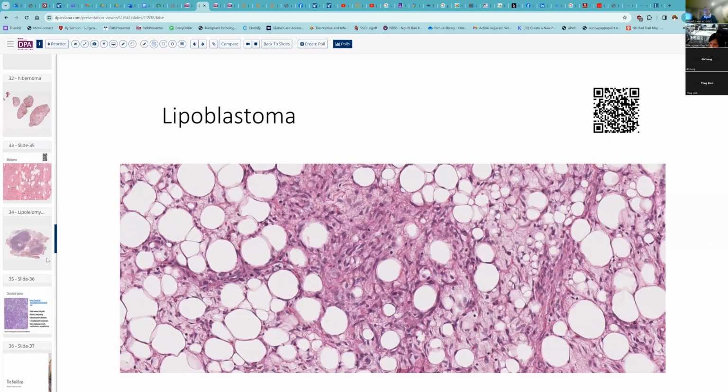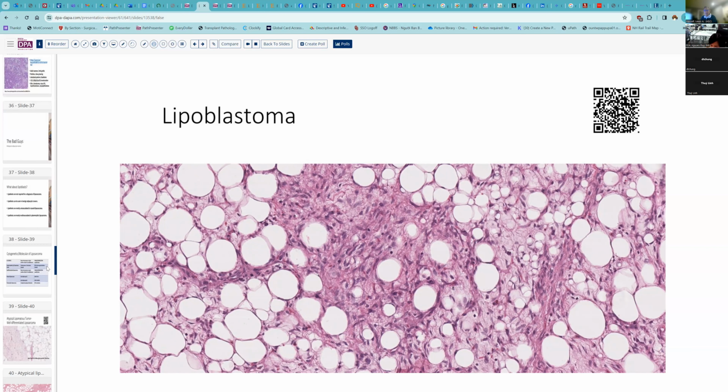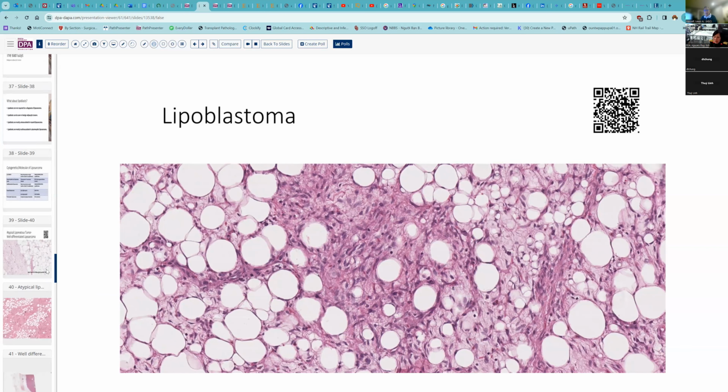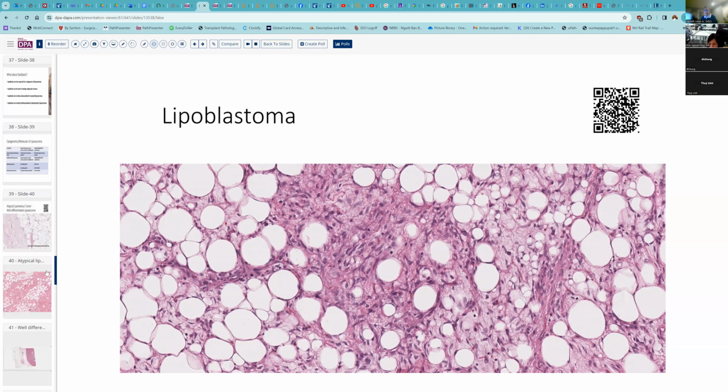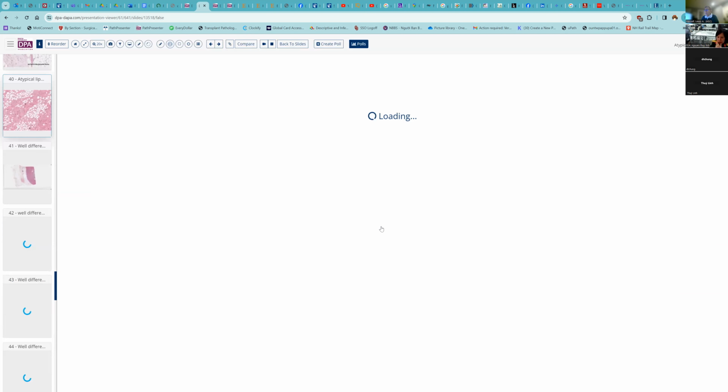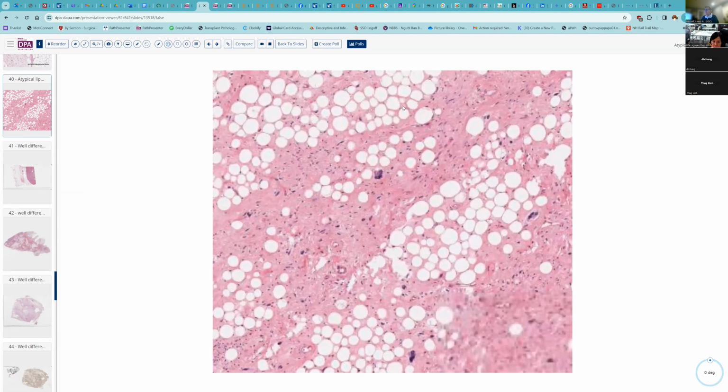Well, let's talk about the fatty malignancies, because they can also have lipoblasts and some do not. So the classic, most frequently encountered tumor is the well-differentiated liposarcoma, which typically has fat, but it doesn't necessarily have lipoblasts.